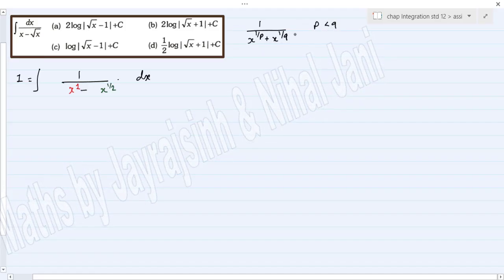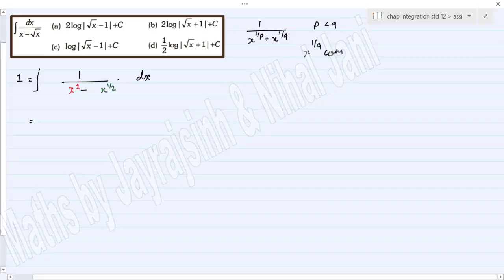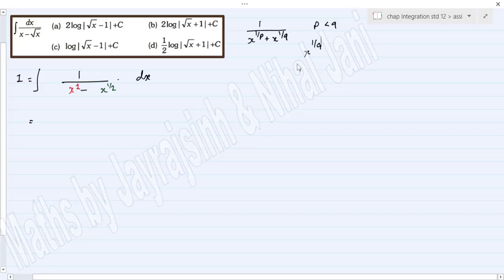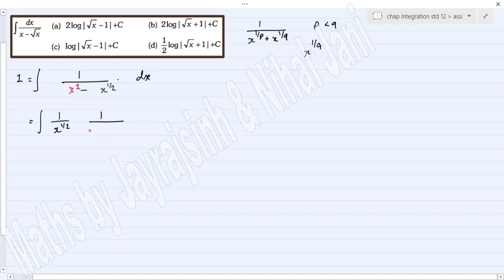So in this case, we have to take x raised to 1 upon q common. So let's take 1 upon x raised to 1 by 2 common. So we will get 1 upon x raised to 1 by 2 minus 1 dot dx.